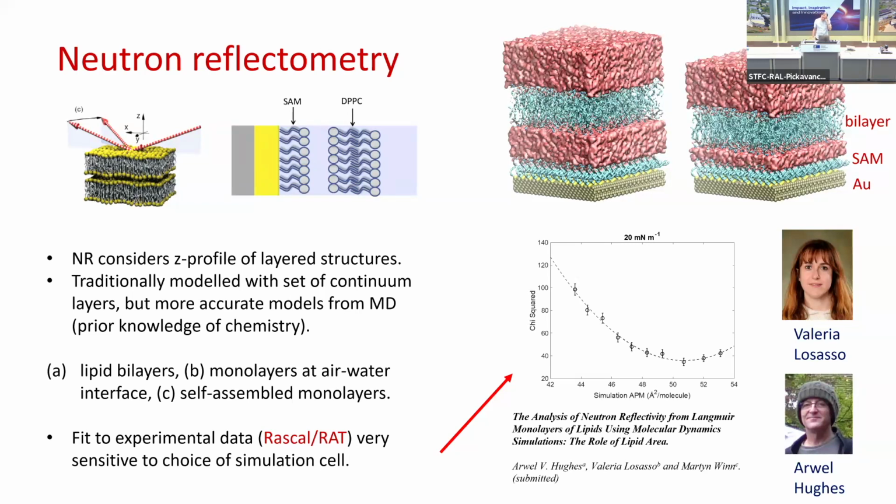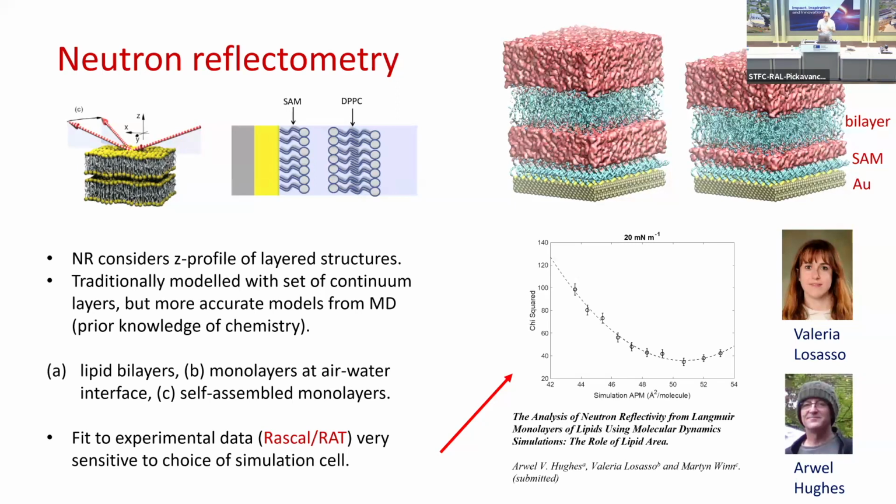One thing we realized is that the fit to data is very, very sensitive to how you set up the simulation. One thing you don't really know is the area per lipid of your layers. And rather than guessing, we've adopted a technique of systematically fitting different simulations to the data.